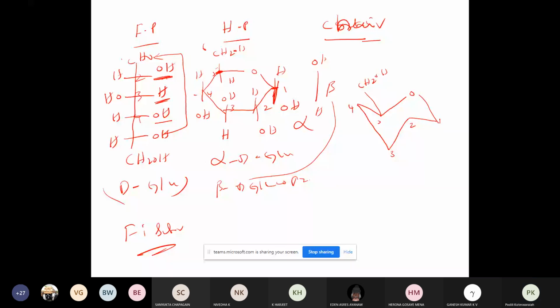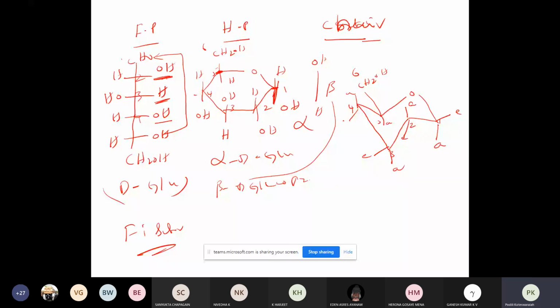All the substituents can take up two orientations: axial and equatorial. So axial, axial, axial, axial, axial, equatorial, equatorial, equatorial, equatorial.